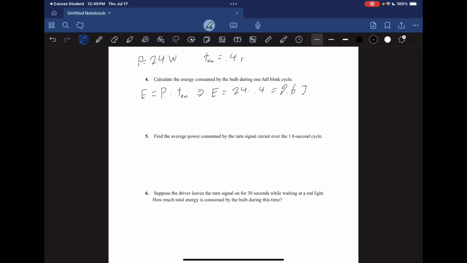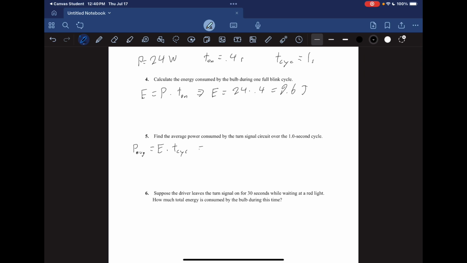So question 5 asks us to find the average power consumed by the turn signal circuit over the 1 second cycle. So the average power is going to equal the energy divided by the time of the cycle, the total time that the cycle takes. And the time that the cycle takes is 1 second for a full cycle.